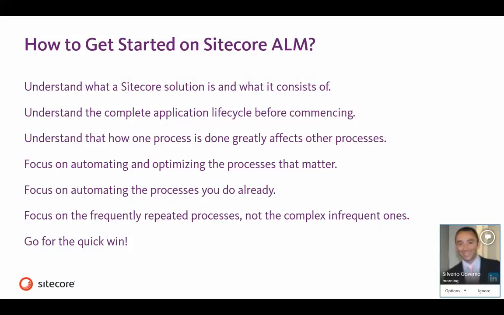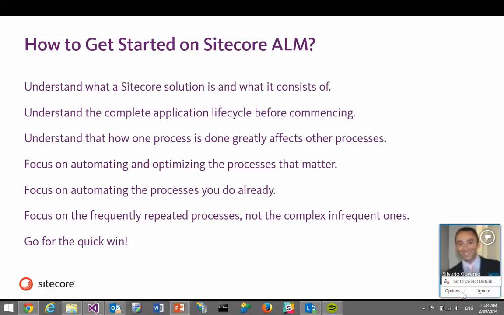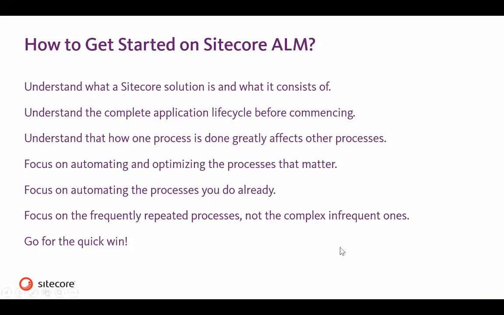In summary, how to get started on Sitecore ALM. We need to understand what a Sitecore solution is and what it consists of. We need to understand the complete application lifecycle before starting. We need to know that one process affects the other processes, so we need to understand all the processes.